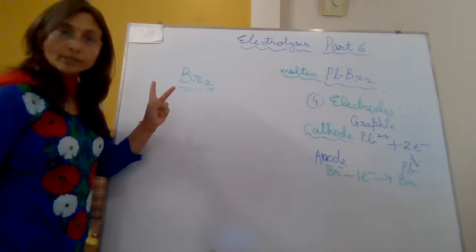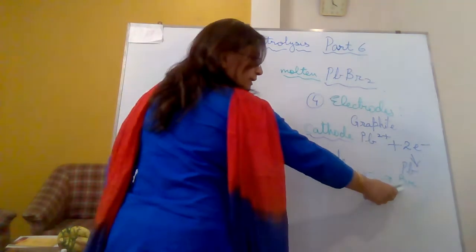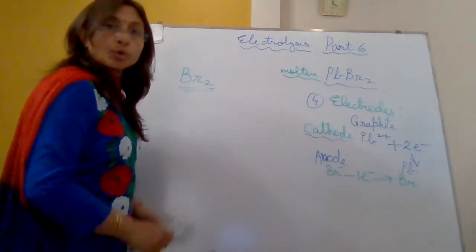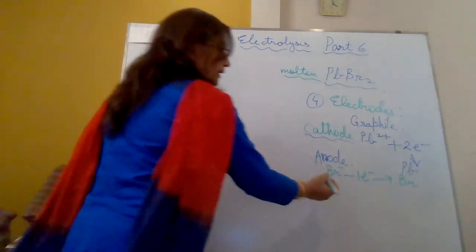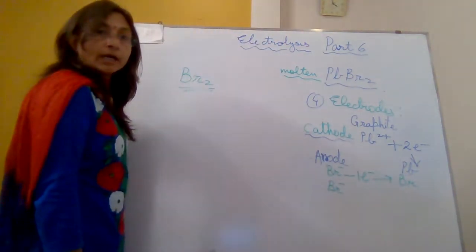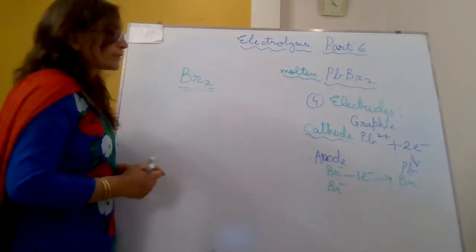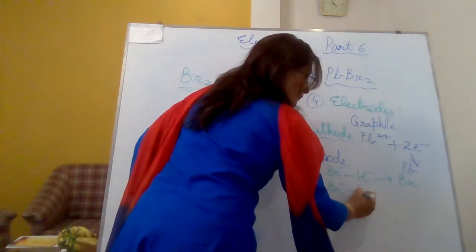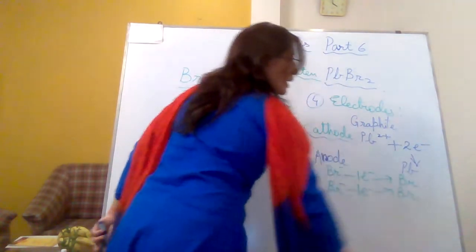So what is happening here? We are getting 1 atom of bromine, which is obviously an unstable atom. Again, another bromide ion will also lose its 1 electron and will produce another Br atom.